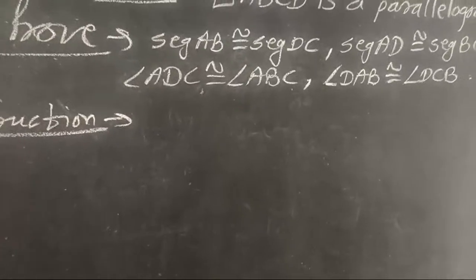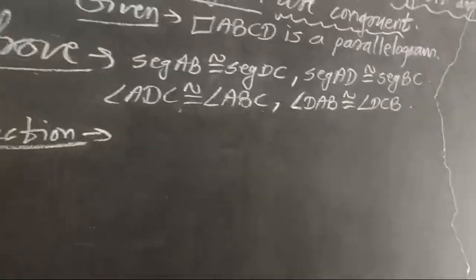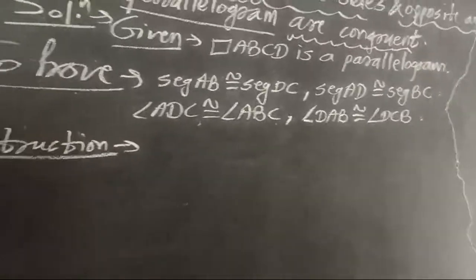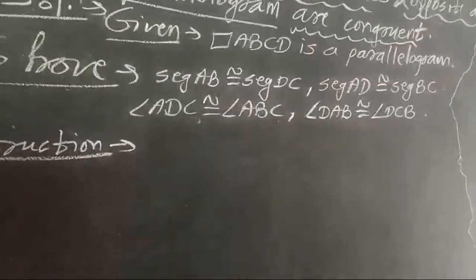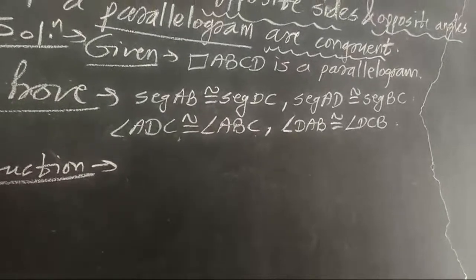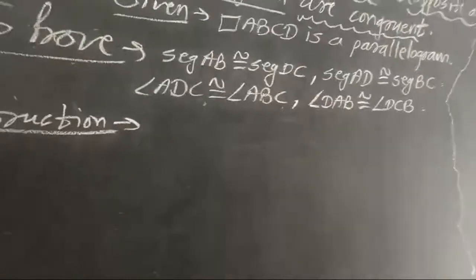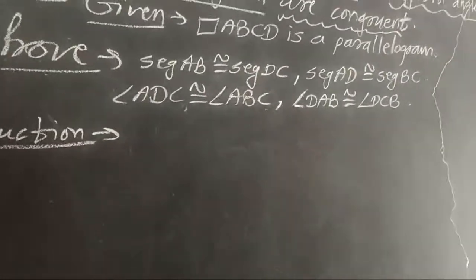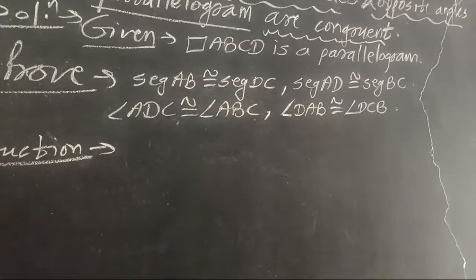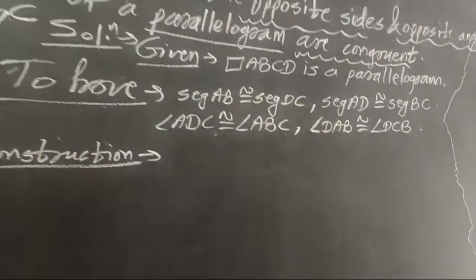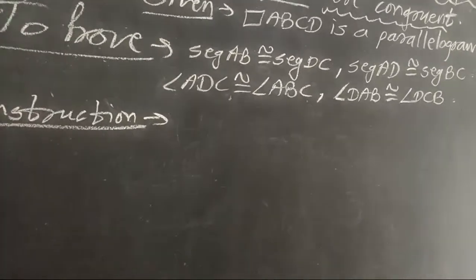Small mistake. Why do we draw a diagonal, join diagonal AC?